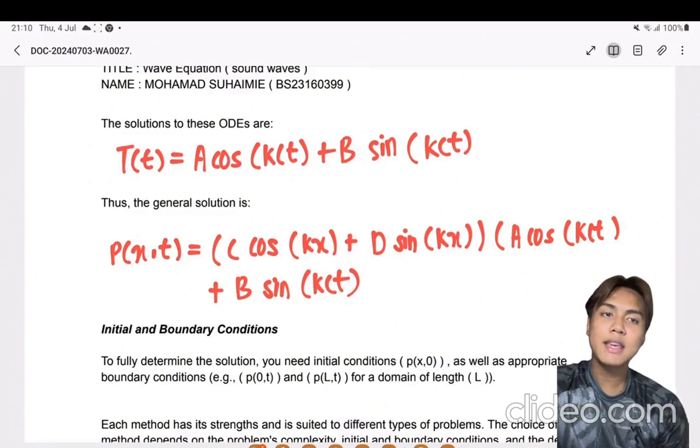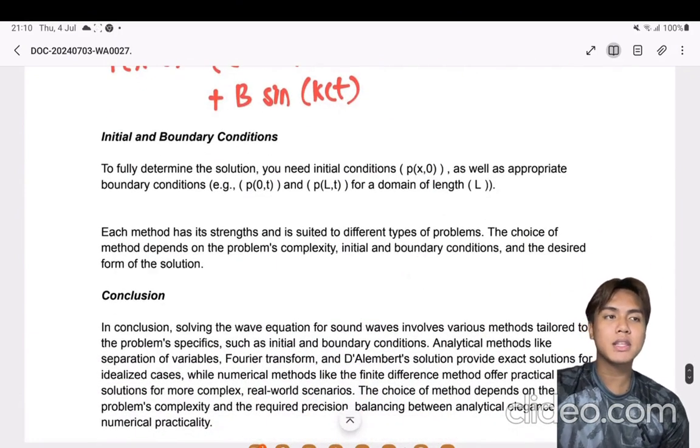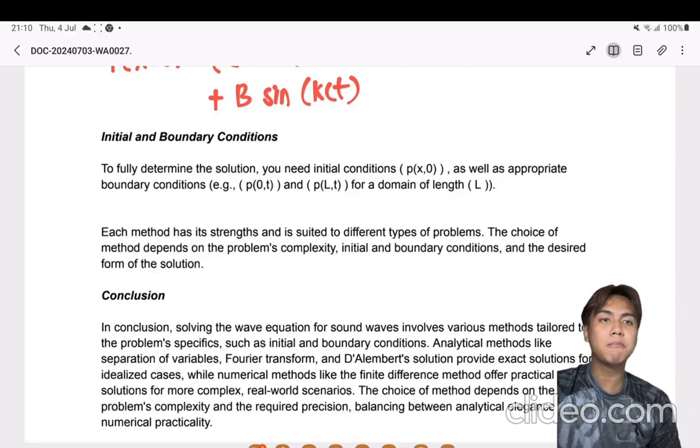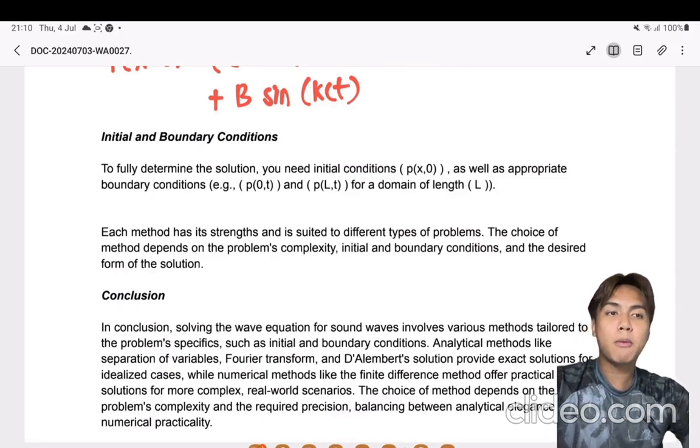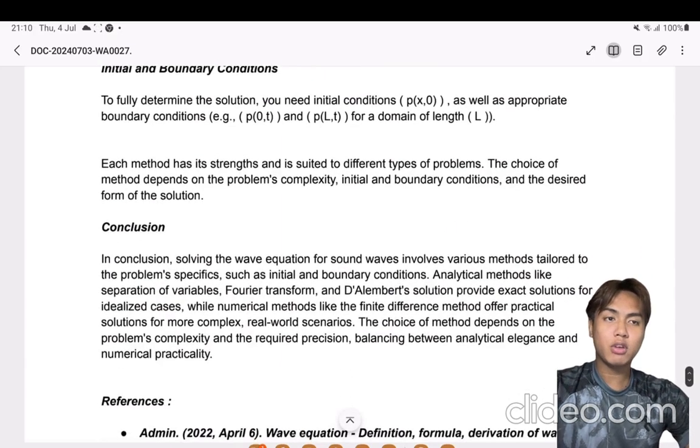Each method has its strengths and is suited to different types of problems. The choice of method depends on the problem's complexity, initial and boundary conditions, and the desired form of solution. In conclusion, solving the wave equation for sound involves various methods tailored to the problem specifics, such as initial and boundary conditions.